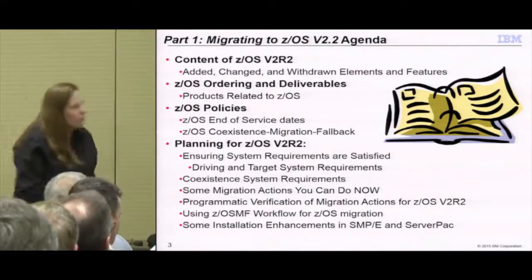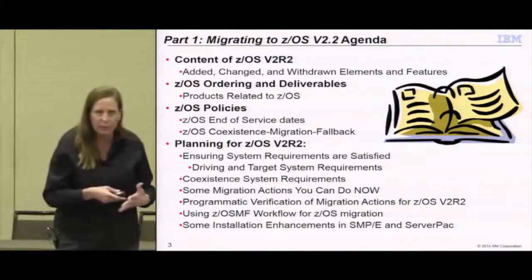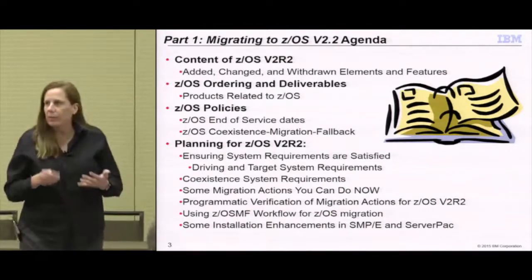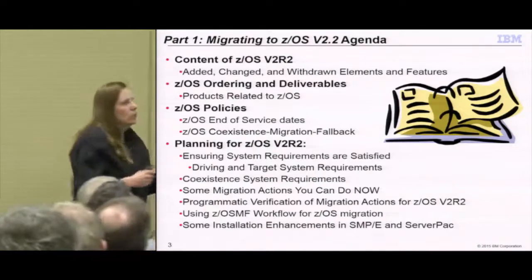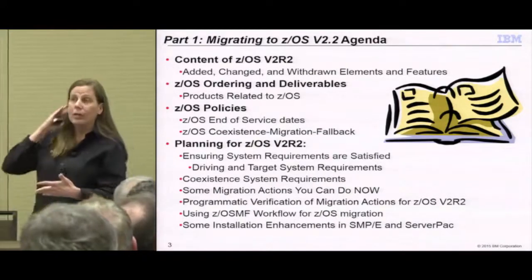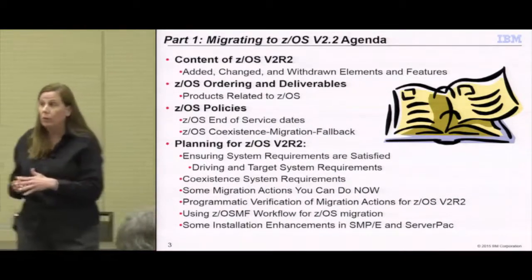And then the last half of the presentation for part 1 is all about requirements and assistance in installation. So we'll talk very briefly about driving system and target system coexistence systems. I want to talk a little bit about doing programmatic verification of migration actions now on z/OS release 13 and on z/OS 2.1.